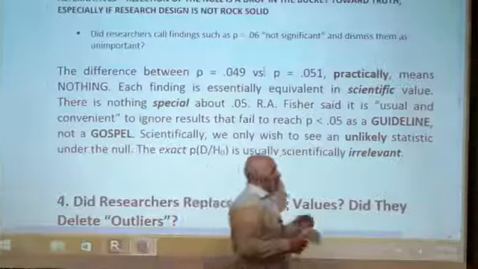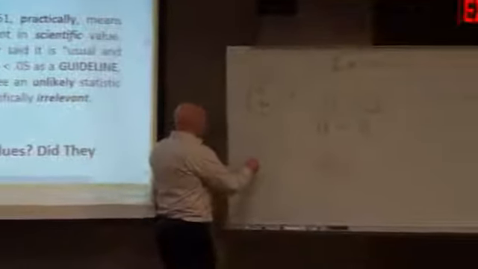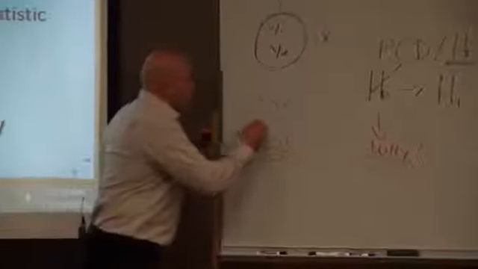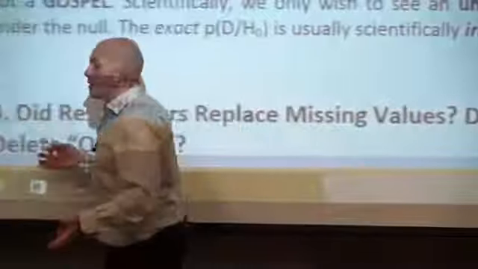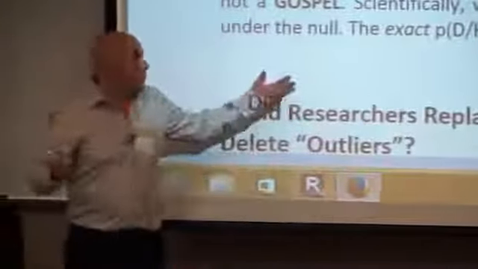The 0.05 level was cited by R.A. Fisher, the inventor of ANOVA, as saying it's usual and convenient for researchers to take 0.05 as a level such that they're willing to ignore results that do not reach this level. He was talking about this mostly in the field of agriculture, and he said it was usual and convenient. He meant it as a guideline, not a gospel.